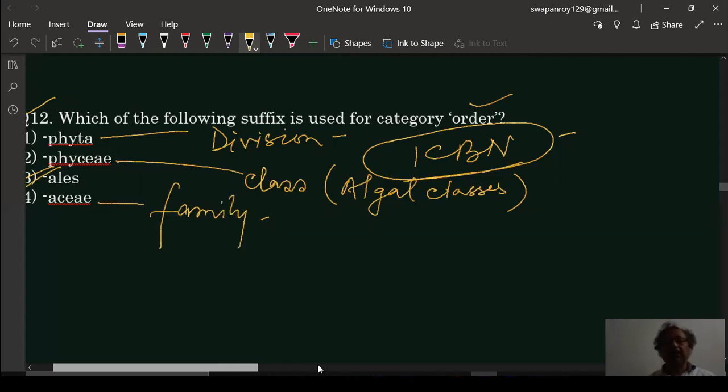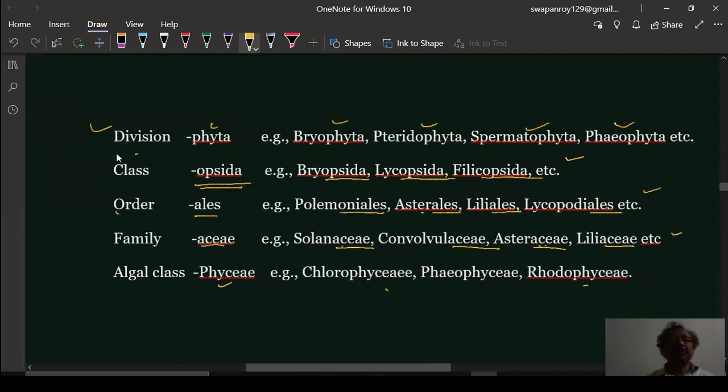We can take the example here, say division phyta, like Bryophyta, Pteridophyta, Spermatophyta, Phaeophyta, etc. Class ends with opsida: Bryopsida, Lycopsida, Filicopsida. Order ends with ales: Polemoniales, Asterales, Liliales, Lycopodiales, etc. And family with aceae: Solanaceae, Convolvulaceae, Asteraceae, and Liliaceae.